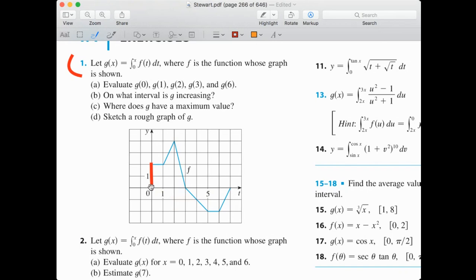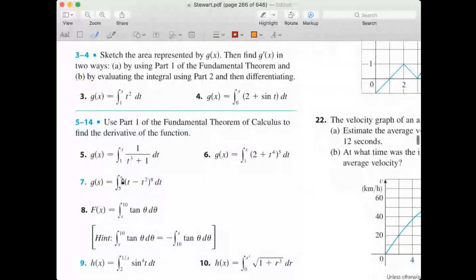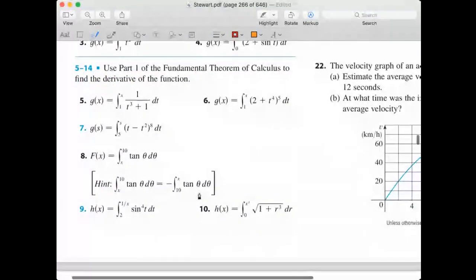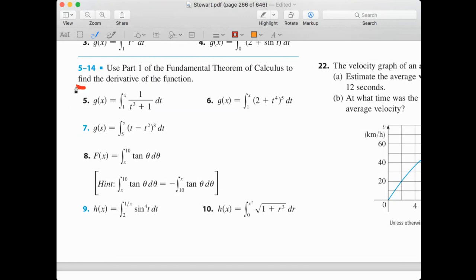All right. I don't want you to do this. Let's try here. Okay, let's try 5. 8 is a special one.